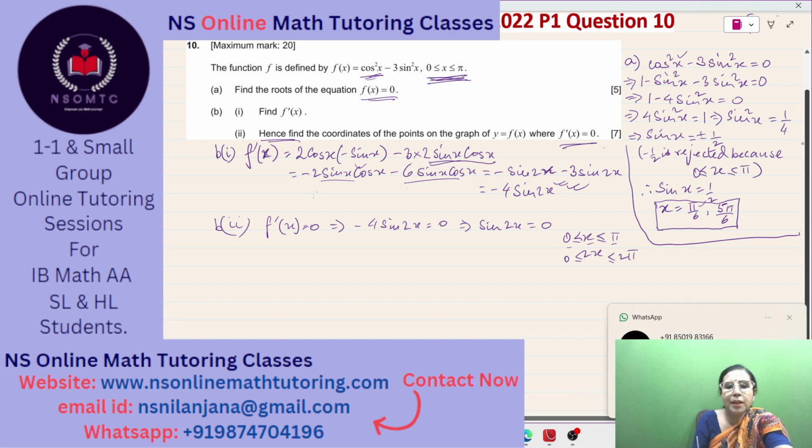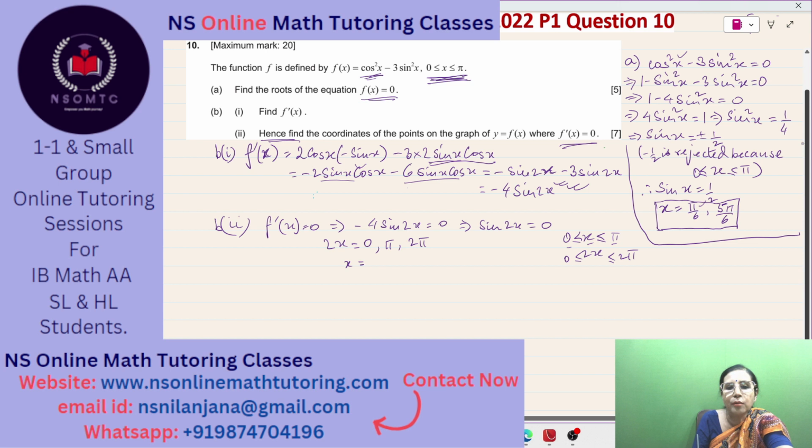So 2x can be equal to 0 first of all, since sine 0 is 0. Then sine pi is 0. And sine 2 pi is also equal to 0. Okay. So 2x can be equal to 0, pi, or 2 pi.